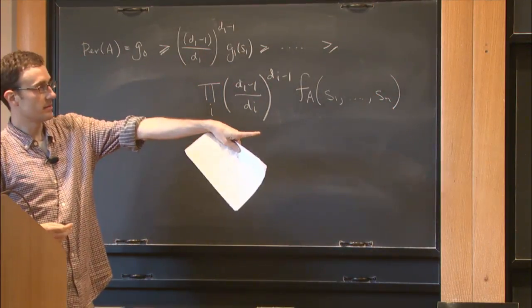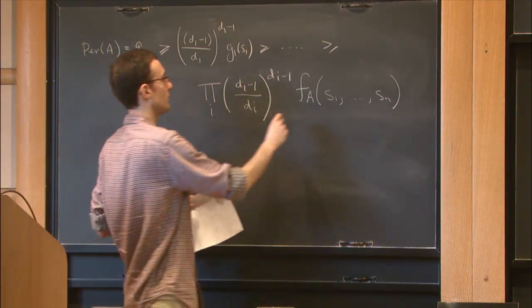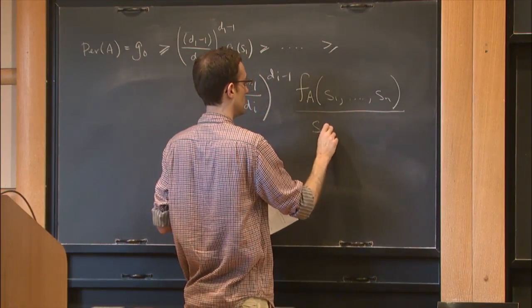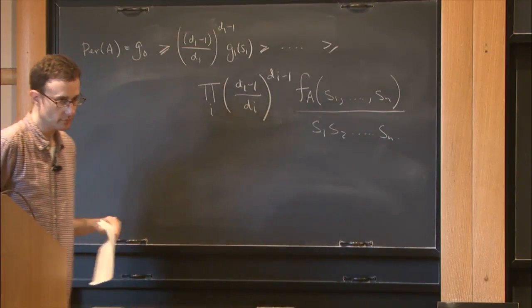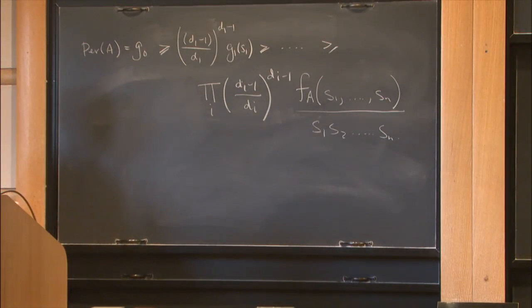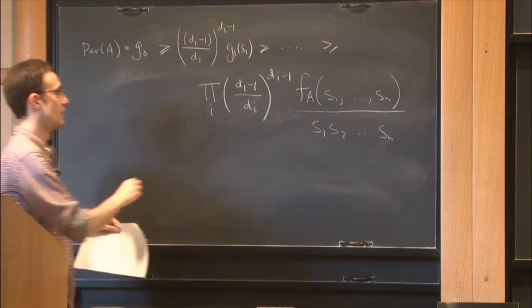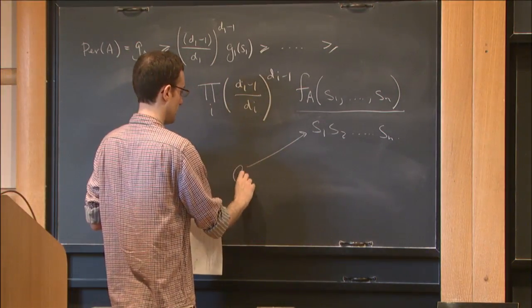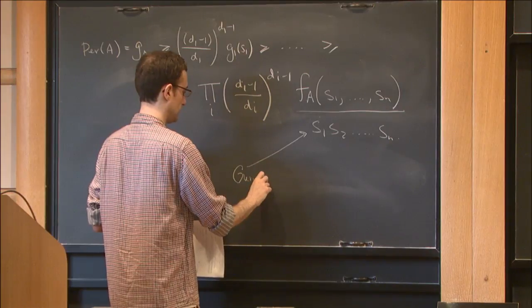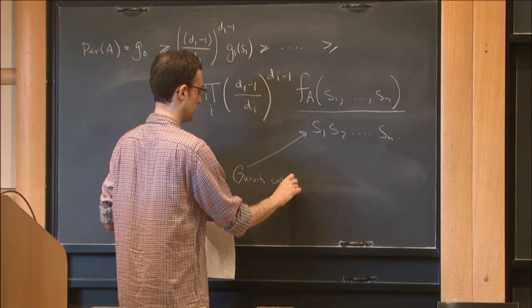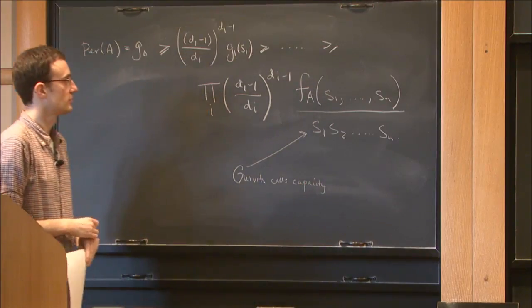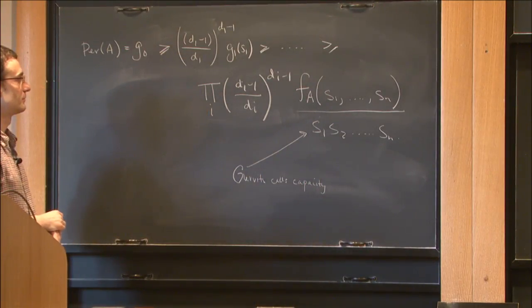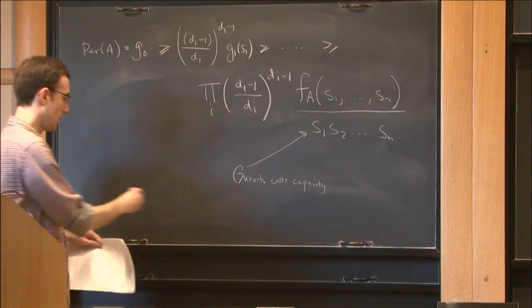And then we get these terms on the bottom divided by the product of the S_i, and this is what Gurvits calls the capacity.